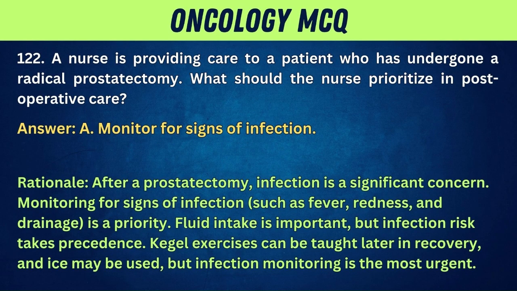Answer: A. Monitor for signs of infection. Rationale: After a prostatectomy, infection is a significant concern. Monitoring for signs of infection such as fever, redness, and drainage is a priority. Fluid intake is important, but infection risk takes precedence. Kegel exercises can be taught later in recovery, and ice may be used, but infection monitoring is the most urgent.